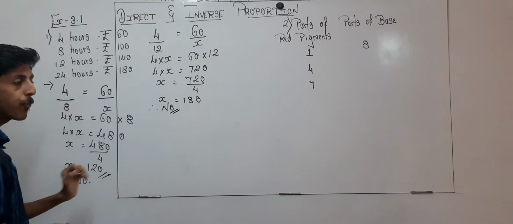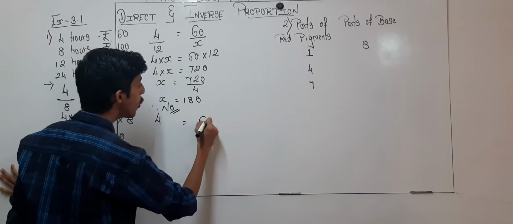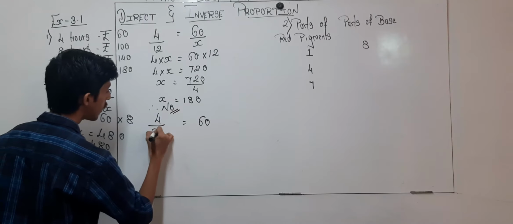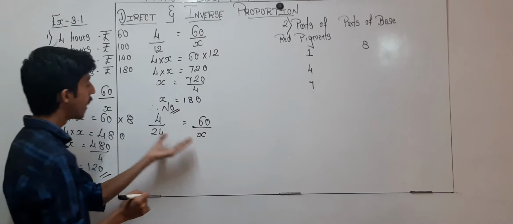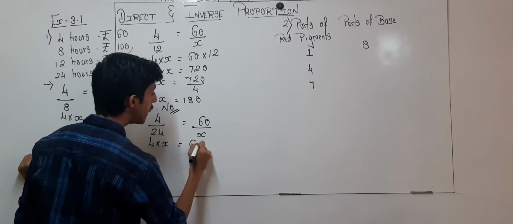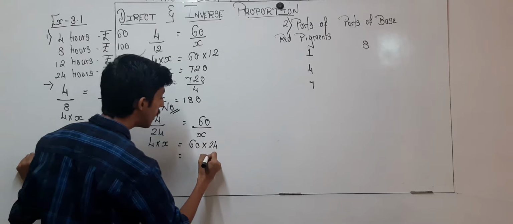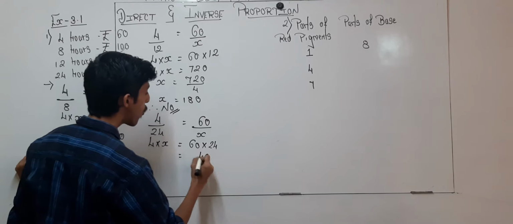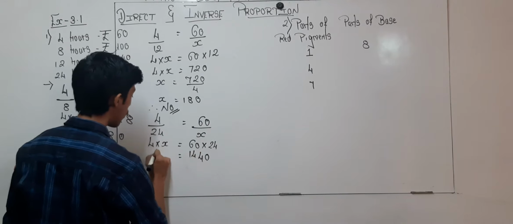Now for 24 hours, with the same pattern, in 4 hours we are earning 60 rupees. So in 24 hours, how much should be earned? That is my x. Again with the same concept, 4 into x is equal to 60 into 24, which is 1440.